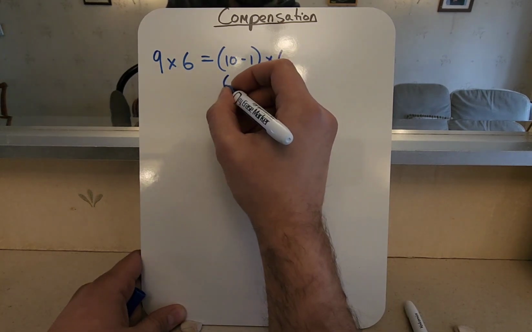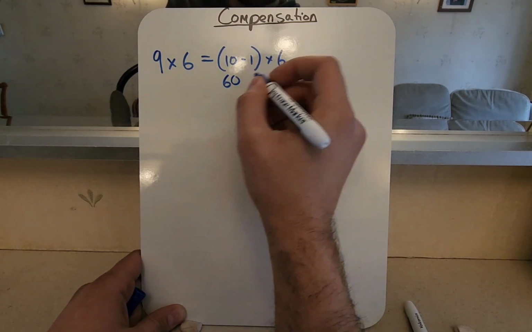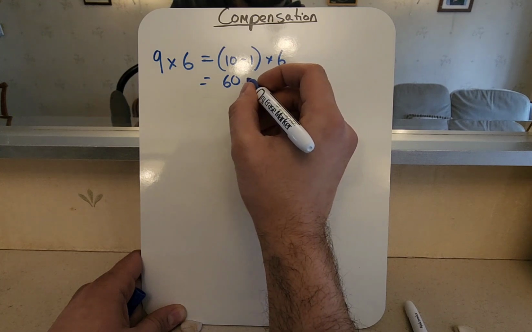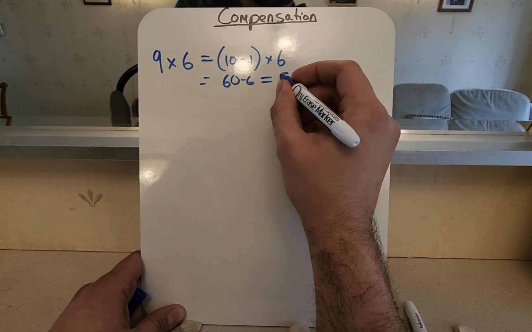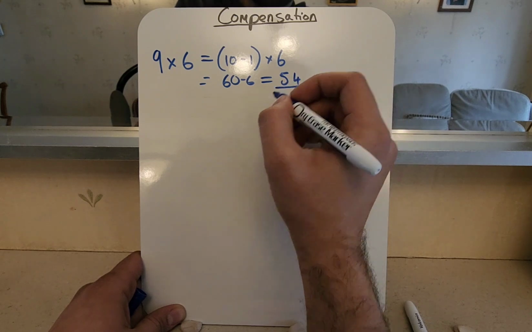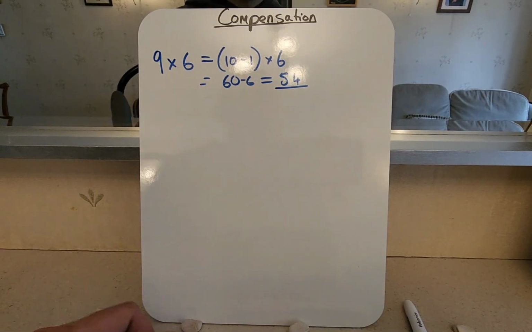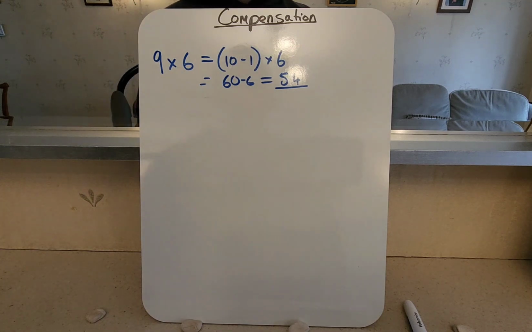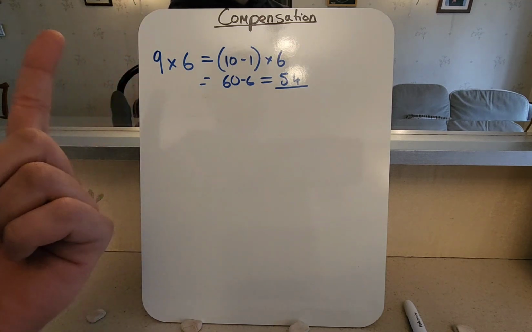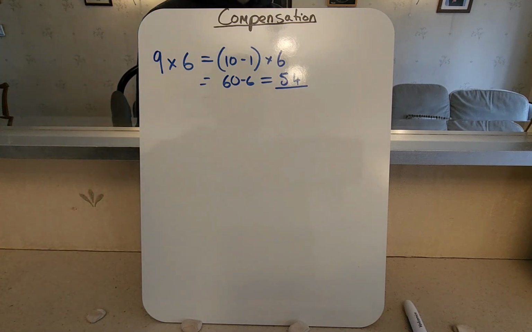So I would end up with 60 minus 6. 60 minus 6, 54. Voila, I have my answer. This is a bit of a simplified version, and it is better to use it with 2 digits, but even on 1 digit times 1 digit numbers, this is really good.